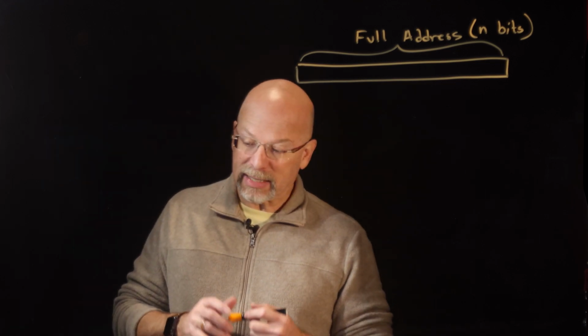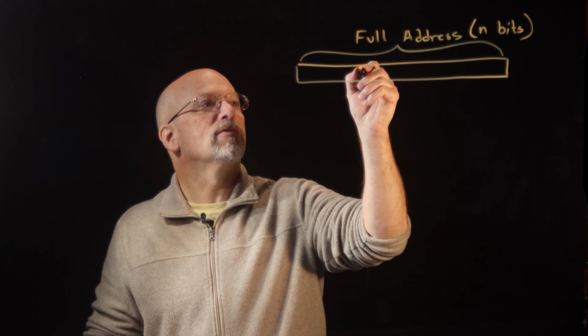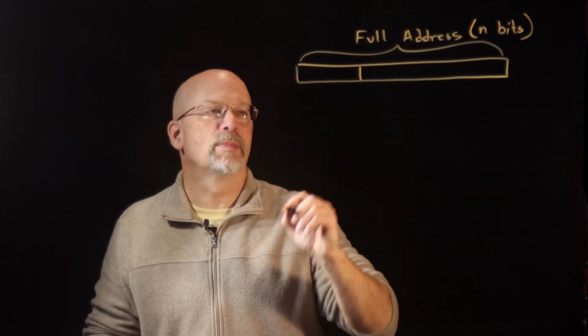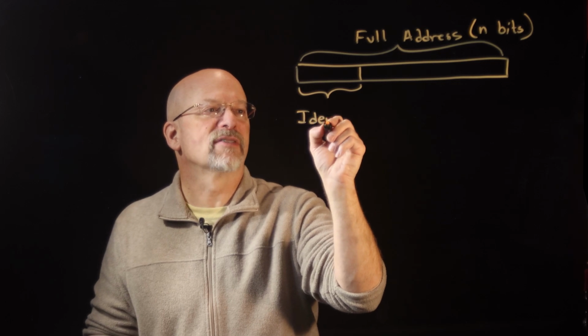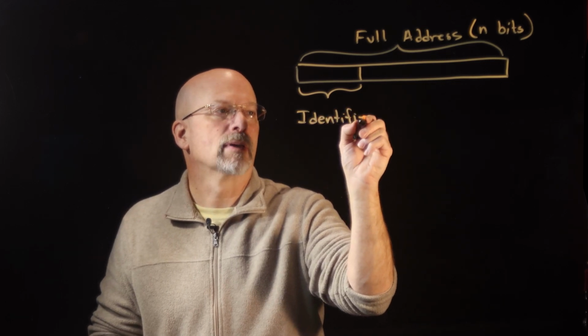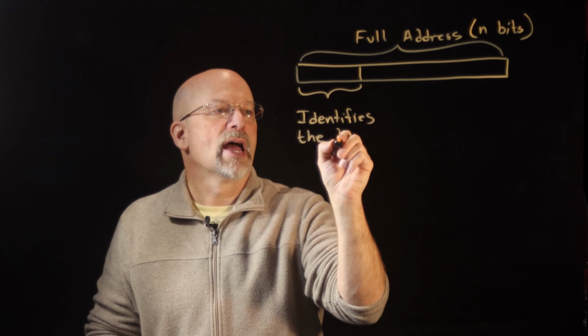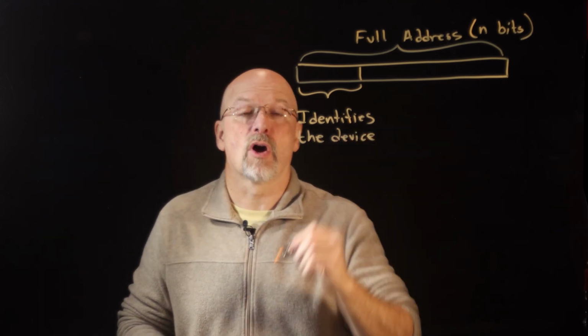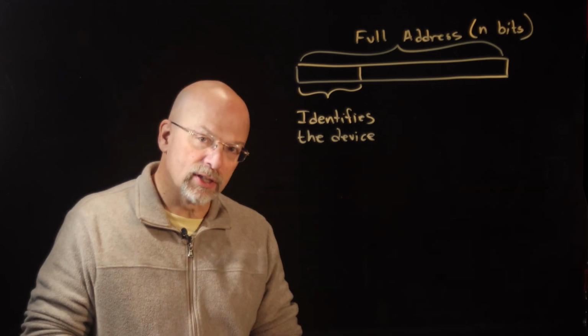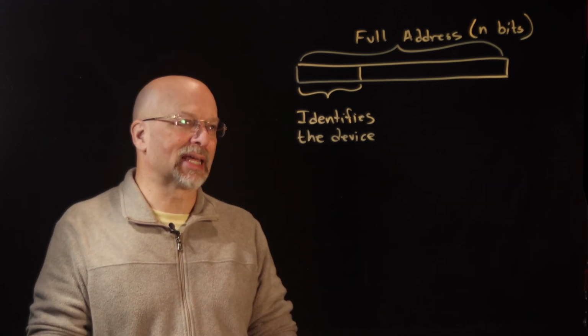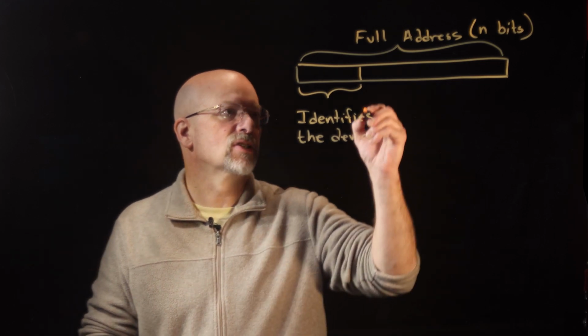Now, what the chip select says is that I can divide this address into 2 pieces. This portion right here identifies the device. Whenever it came to our memory devices, those were the bits that we put into the chip select, into the NAND gate, in order to activate the device.